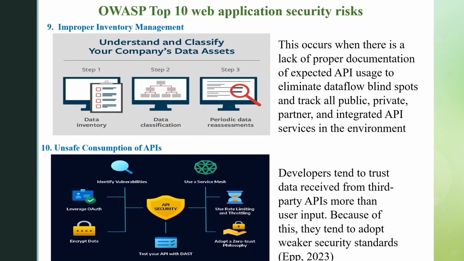This occurs when there is a lack of proper documentation of expected API usage to eliminate data flow blind spots and track all public, private, partner, and integrated API services. And the last one is unsafe consumption of APIs. Developers tend to trust data received from third-party APIs more than user inputs. Because of this, they tend to adopt weaker security standards.